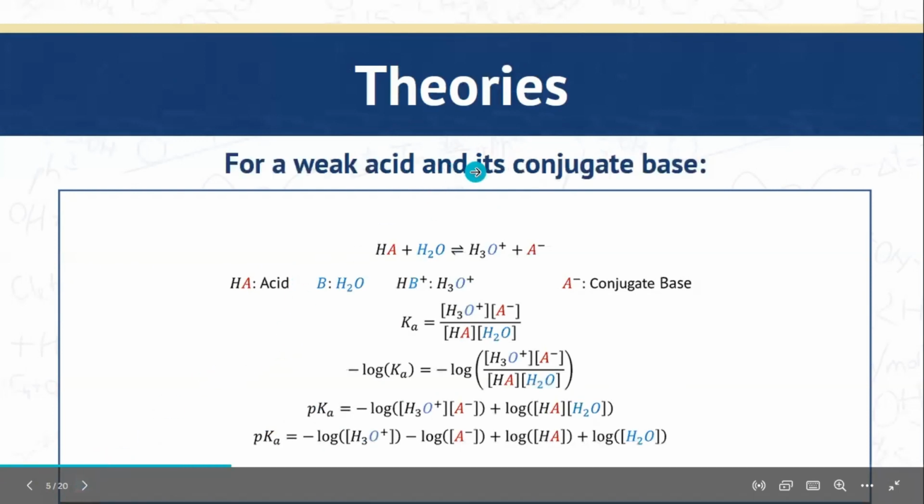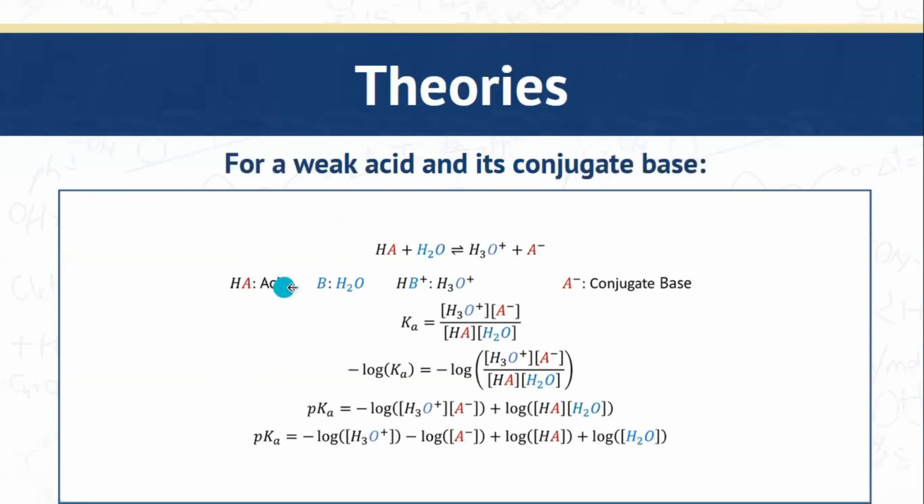For a weak acid and its conjugate base, consider the acid HA in water, H2O, reacting reversibly to form the products, the cation HB, in here, the hydronium ion, H3O plus, and the conjugate base. By the Bronsted-Lowry definition, the water here accepts the given off proton from the acid.